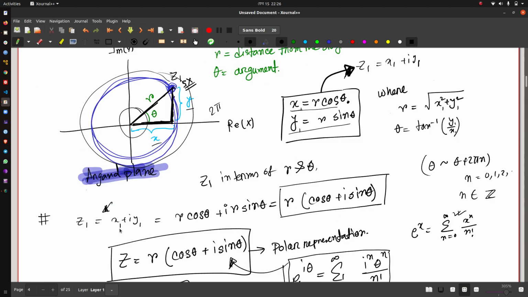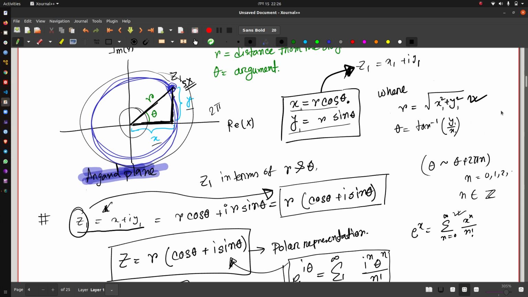That is, this z1 equals x1 plus iy1. Then you call this x1 and y1 in terms of r and theta, you put them in, factor r out, and finally your complex number z is coming in terms of r and theta. Okay, and what is r? Again, r is just the square root of x1 squared plus y1 squared, that is the distance, and theta is just tan inverse y by x.